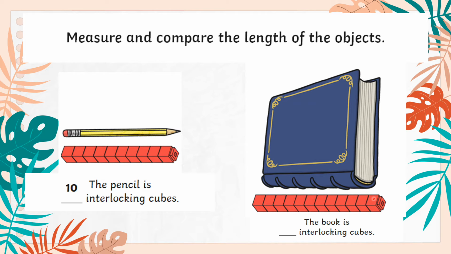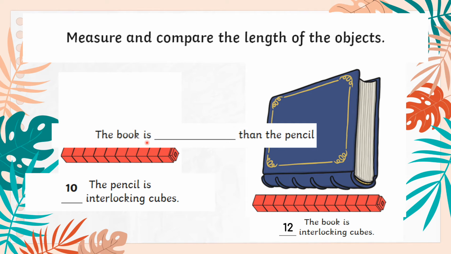So the book is 12 interlocking cubes. Now which number is greater? Is 10 greater than 12? Which comes after the other, does 10 come after 12 or does 12 come after 10? It's 12. 12 comes after 10. So it means 12 is greater than 10.